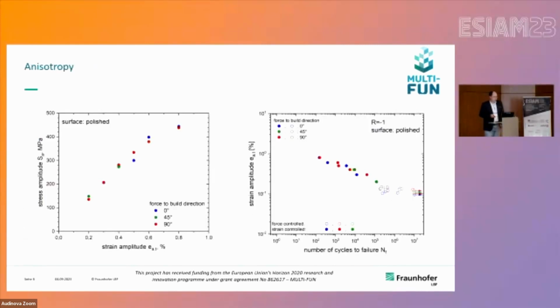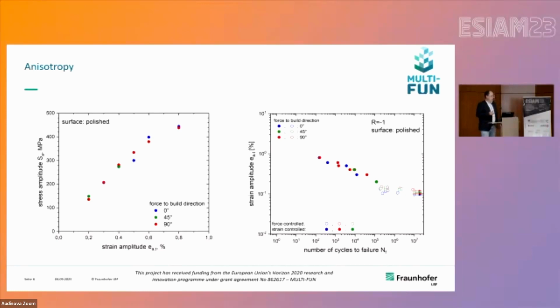Now let's start with the first test results from the WAM specimens. Here you see the results for different force to build directions. As for polished specimens, that's very important. We have taken these specimens from walls and polished them so that we have no influence of the surface. And you can see there's no influence on the stress strain behavior.